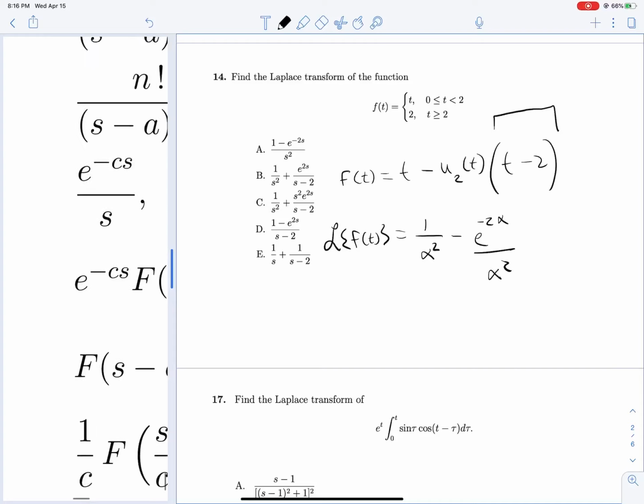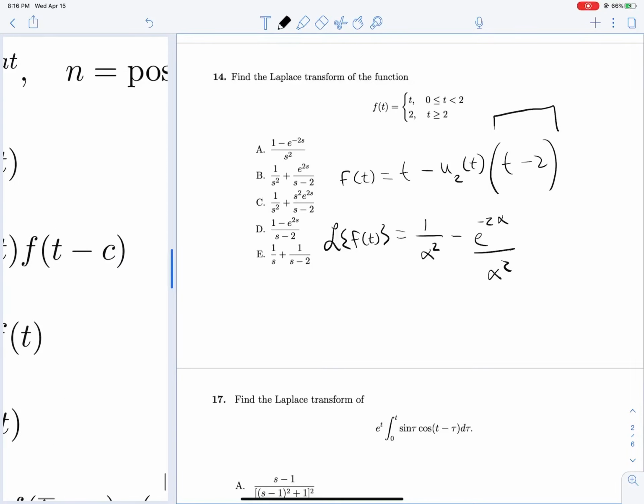And remember, over here we're dealing with t minus c, so we have to remove that negative c and take our Laplace transform normally. So we're just Laplace transforming t, which is 1 over alpha squared. And so that is giving us 1 minus e to the negative 2s over s squared.